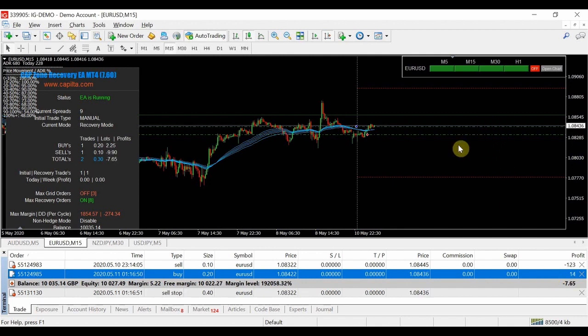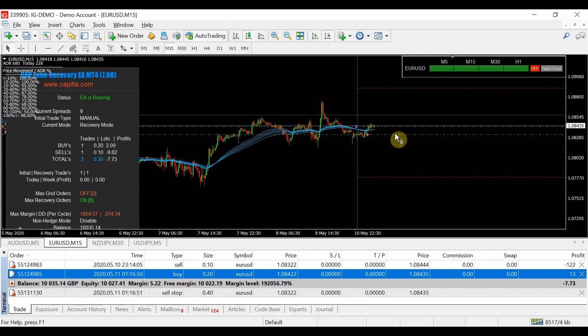The EA has calculated a new take profit line, and if it hits that take profit line at the top of my current order, then we will close out at roughly 5 points profit. As you can see with the OGT trend dashboard, we are now bullish across a time frame lower than my trading chart. My trading chart is also in a bullish trend, and the 2 time frames above are also in a bullish trend as well.